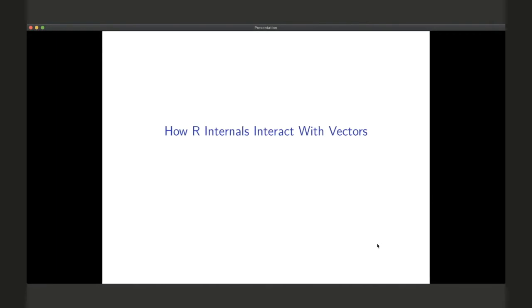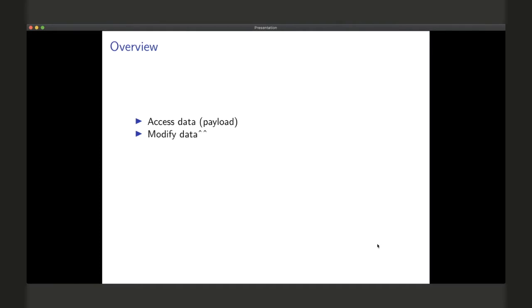So now we're going to talk a little bit about how R internals interact with vectors. So basically the things that alt-reps need to support in order to be fully functional, first-class citizens in the R internals world. It needs to be able to access data, which is this payload that I've been talking about. It needs to modify data in certain aspects. We'll talk a little bit more about that later. It needs to be able to ask the length of the object.